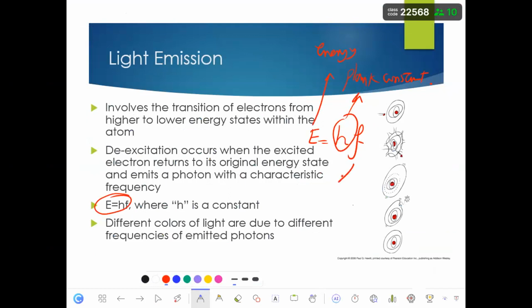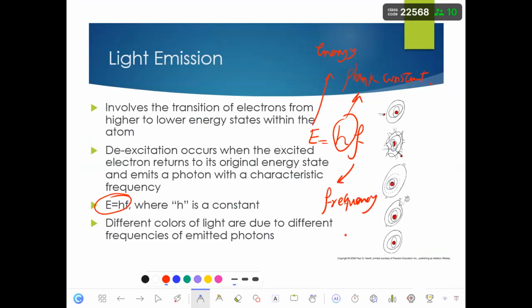and f is frequency. You remember I said that the energy of the emitted light is directly related to the frequency. So we have bigger frequency, bigger energy of emission. The light emitted will have a bigger energy.